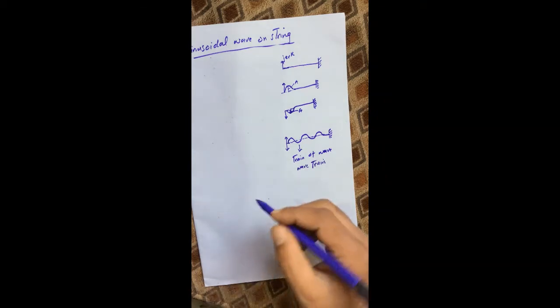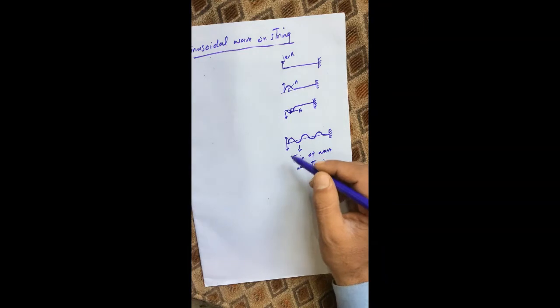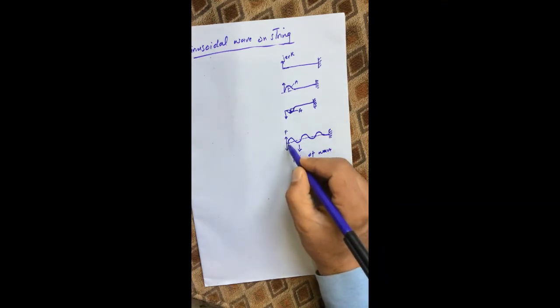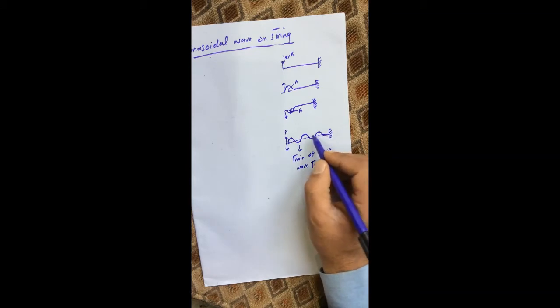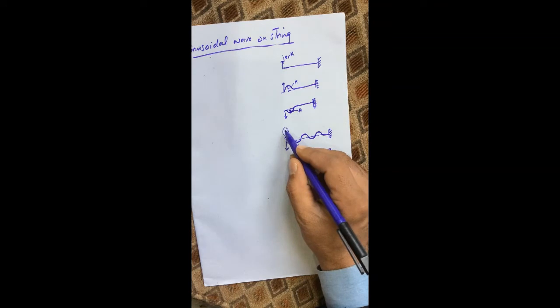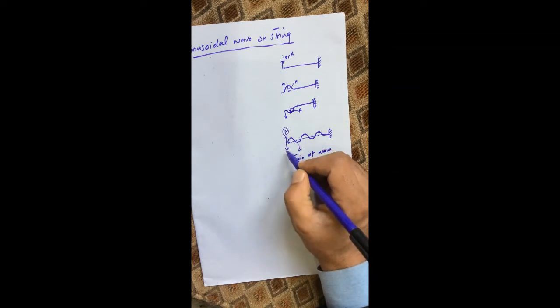Now the string is said to be oscillating by an external source, like we have applied an external force here, and this string is said to be in oscillation by this external force F, both in upward and downward direction.